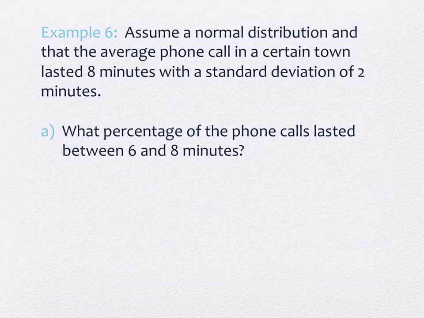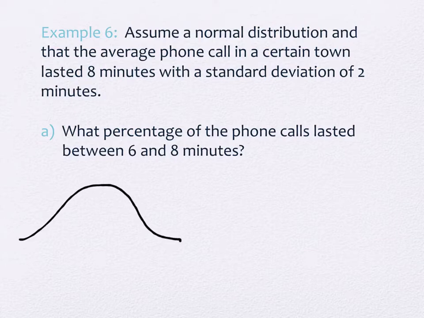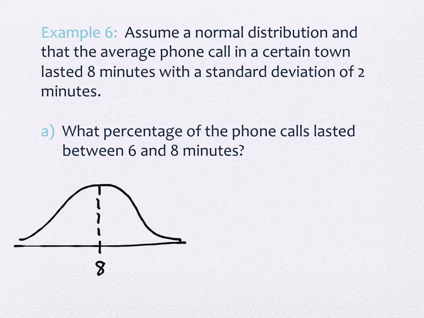So as we're taking a look at this first question, very first thing it tells us is assume a normal distribution. Normal distribution where the average phone call in a certain town lasts 8 minutes with a standard deviation of 2 minutes. So as we're drawing our curve, we're going to actually use those values. Now your curve does not have to look perfect, I don't really care, but the values on it should be correct. So my mean right here in the middle should say that it's 8 minutes.